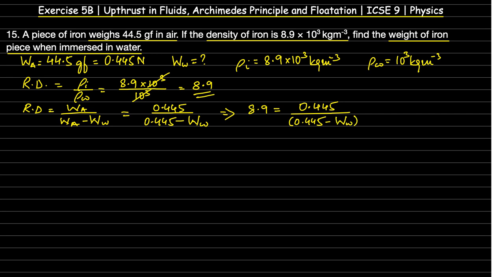So this will go to the left hand side and we get 8.9 into 0.445 minus weight in water is equal to 0.445. Now I would take this 8.9 to the other side.